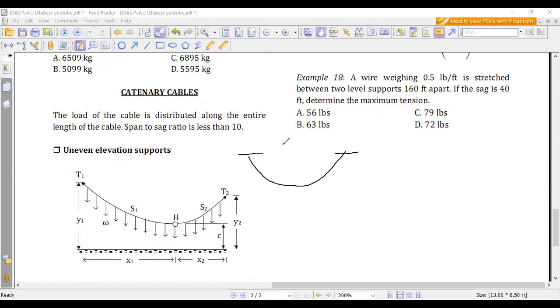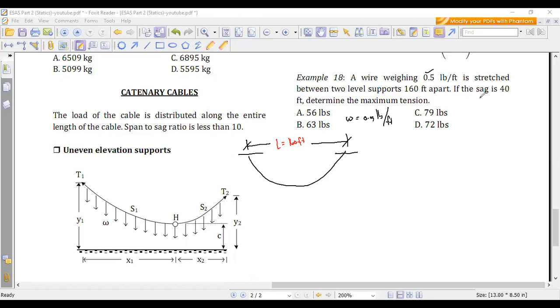As mentioned, omega is given to be 0.5 pound per foot. The wire is stretched between two level supports, so the distance here, L, is equal to 160 feet.